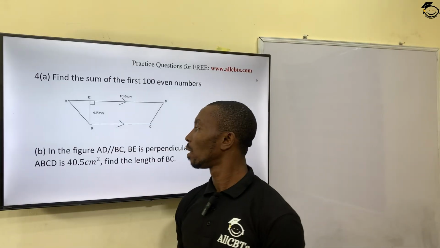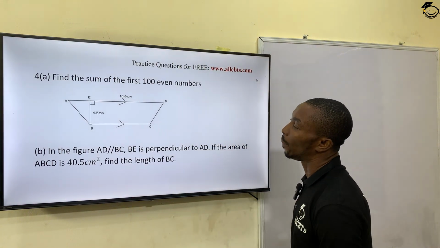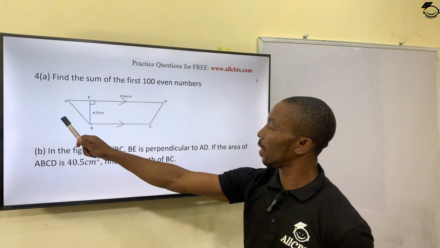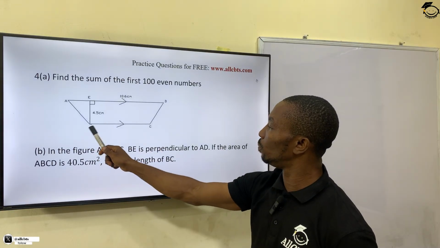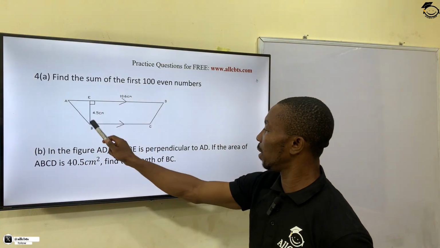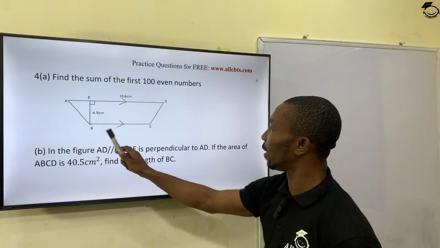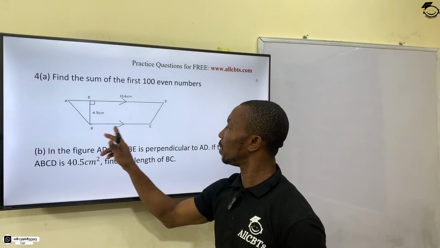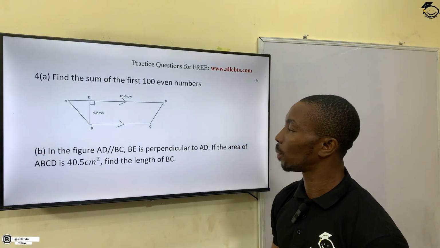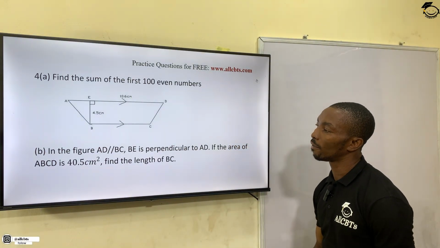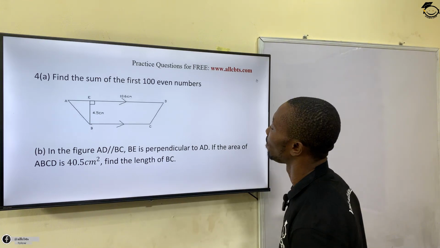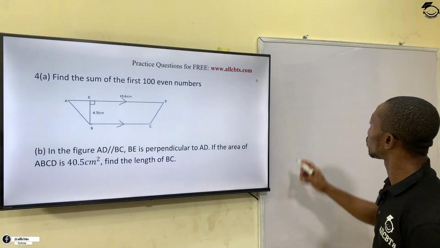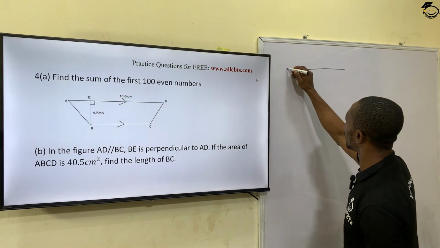In the figure above, AD is parallel to BC if BE is perpendicular to AD. If the area of ABCD is 40.5 centimeters squared, find the length BC. Now, for us to do this, we have our diagram in this form.